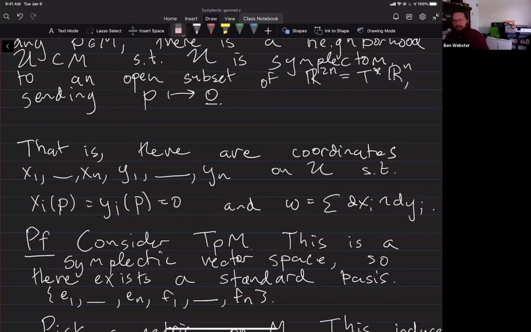So this tells us that symplectic manifolds have no interesting local invariants. It's an interesting property. The only thing that distinguishes between them is global behavior. And again, this relies on the Moser trick, but you have to apply it in a slightly different way.